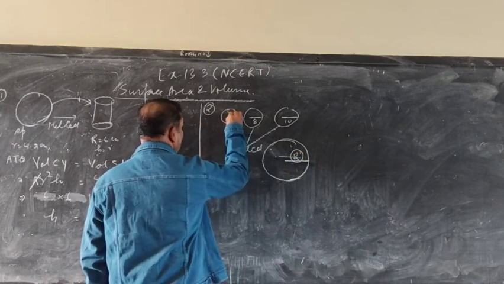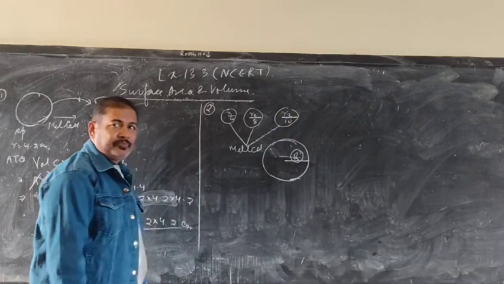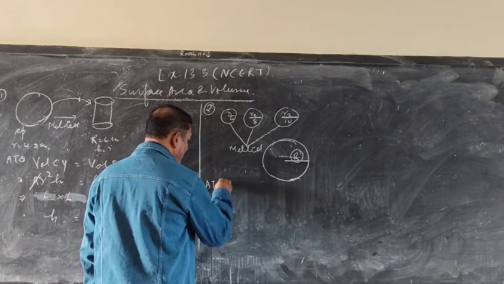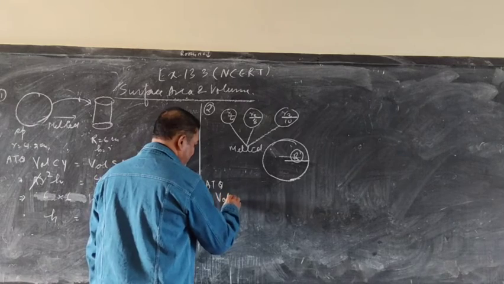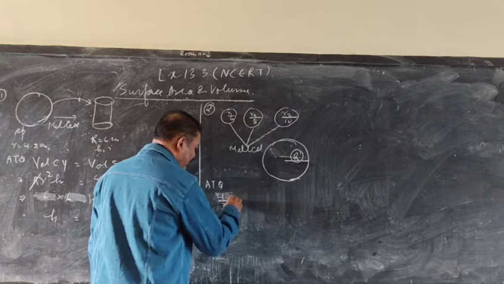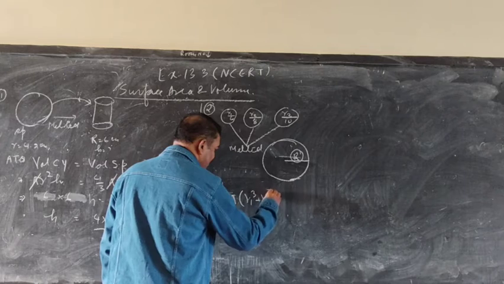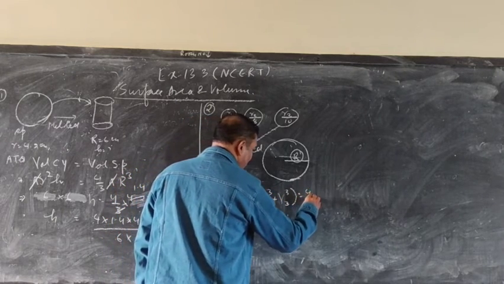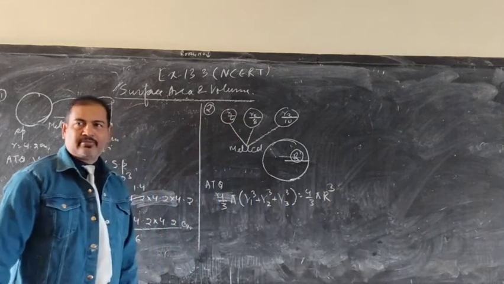Suppose these are R1, R2, R3. So directly, what can you write here? According to the question, directly write the formula. 4 upon 3 pi into R1 cubed plus R2 cubed plus R3 cubed is equal to 4 upon 3 pi capital R cubed.